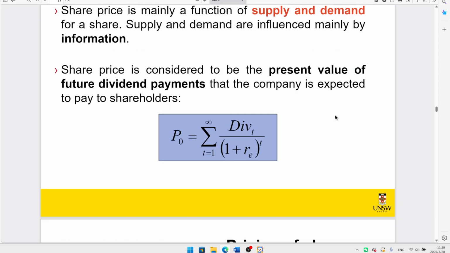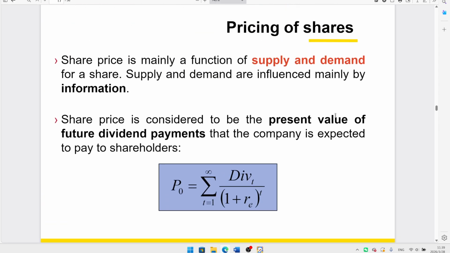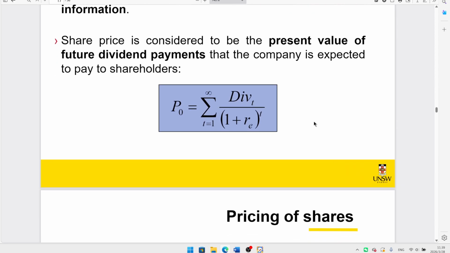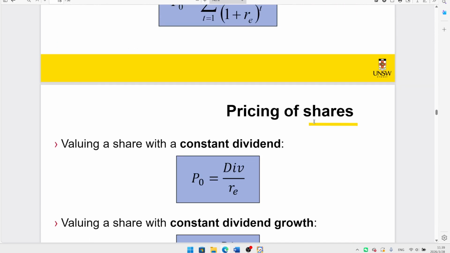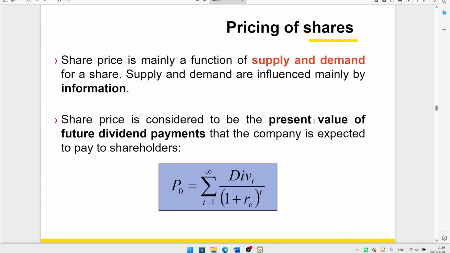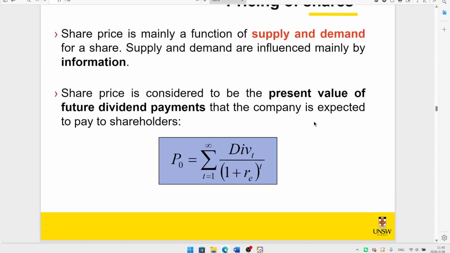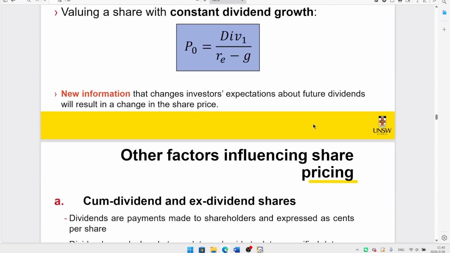RE is the interest rate. A share is considered to be the present value of future dividend payments that the company is expected to pay to shareholders.